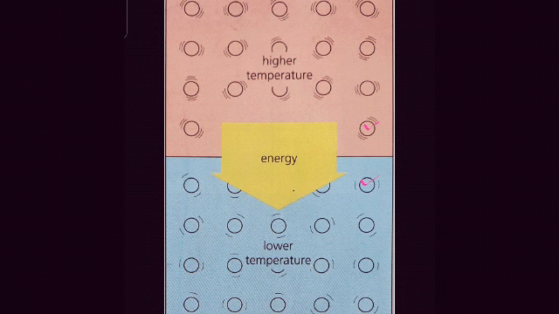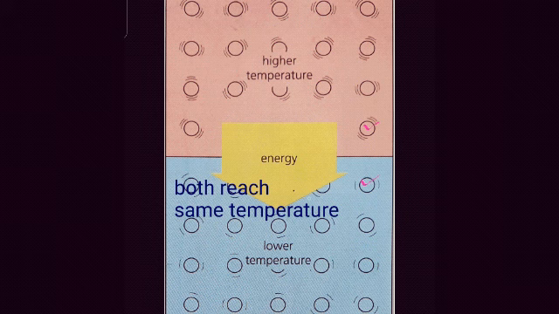Dan kita boleh kata dekat sini, this hot object, kinetic energy dia semakin berkurang, dan objek yang sejuk ini, kinetic energy dia semakin bertambah. Okay, this transferring of thermal energy will only stop when both objects reach the same temperature.